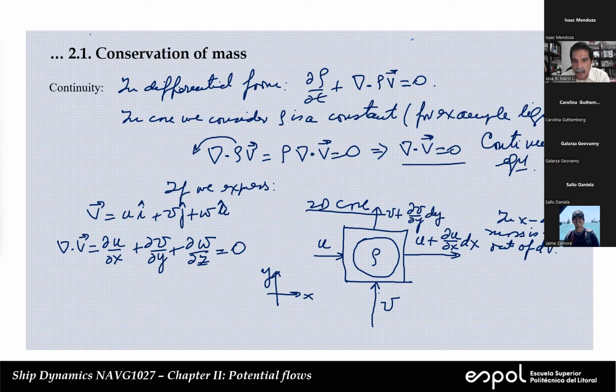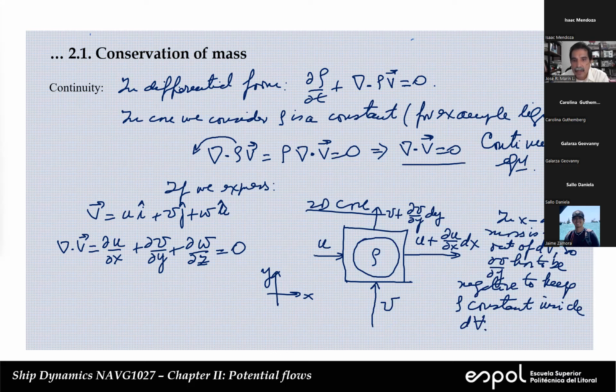And you see that when I consider the change of this v up to this point, I'm moving only in the y direction. So that's why the change in v considers only the rate of change of v in the y direction. So dv dy has to be negative to keep rho constant inside dv.